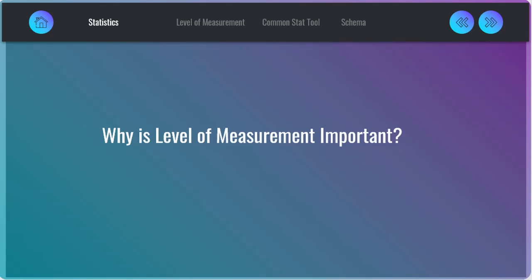So if a measure is nominal, then you know that you would never average the data values or do a t-test on the data. There are typically 4 levels of measurement that are defined. First is nominal, second is ordinal, third interval, and the last one is ratio.